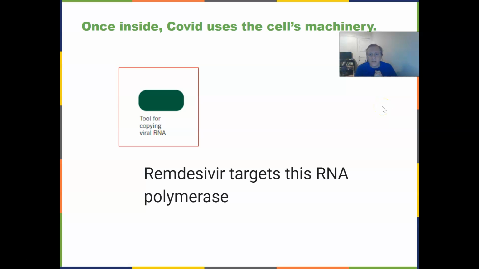By the way, some people have heard of this drug, Remdesivir. Remdesivir actually targets RNA polymerase, and that makes it much more difficult for the RNA to be copied inside of the host cell. So if you were curious about what some of these drugs do, that's what one of them does.